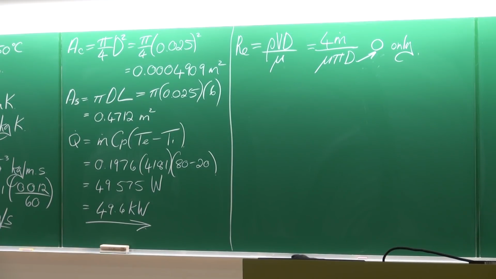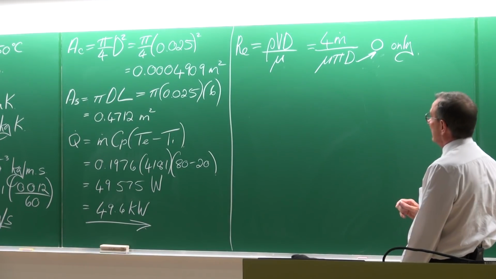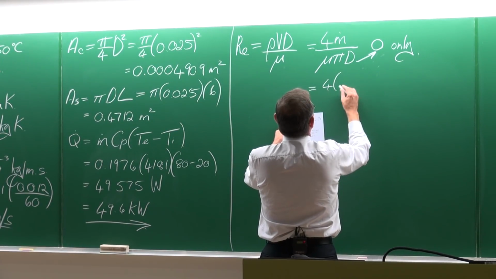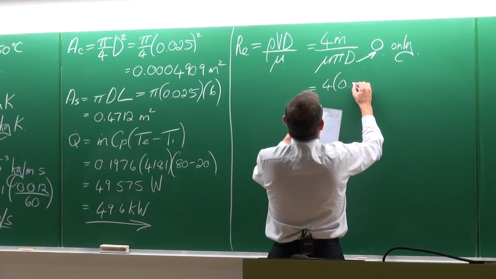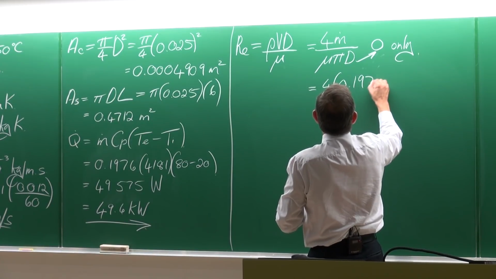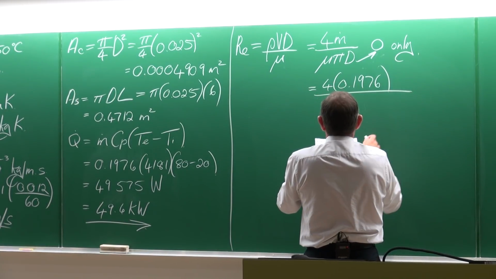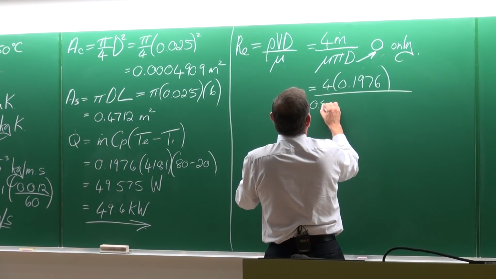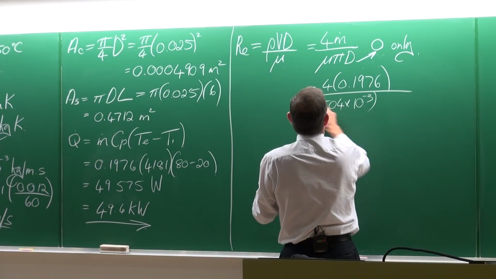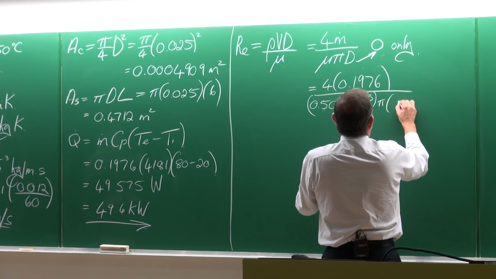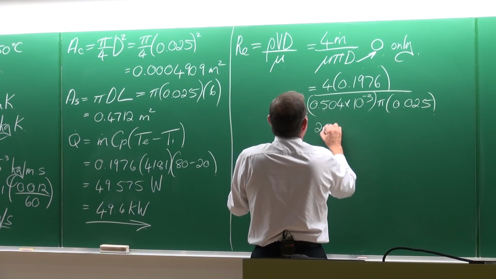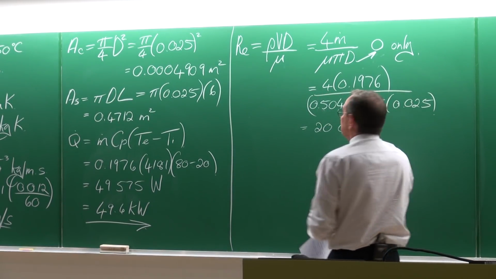If you use this equation, you'll see how easy it is. 4 times 0.1976 divided by the viscosity, which is 0.504 multiplied by 10 to the minus 3, pi, and 0.025, and that gives us a Reynolds number of 20,000.